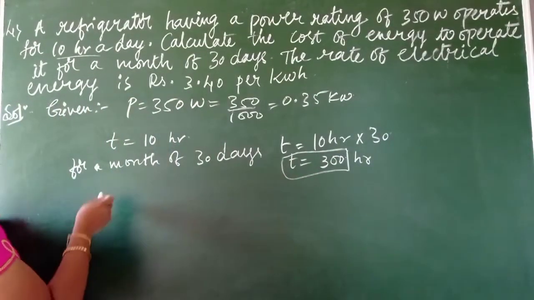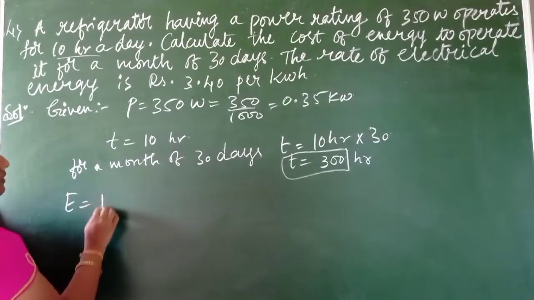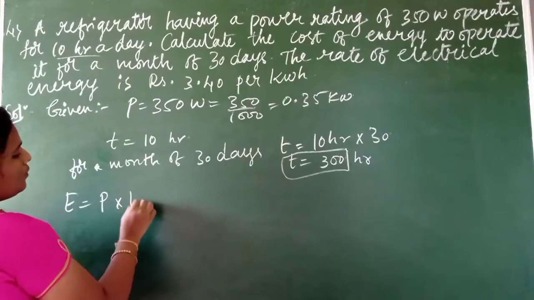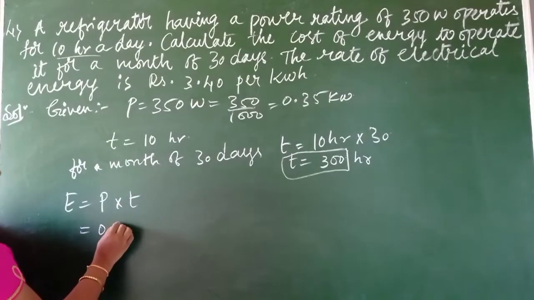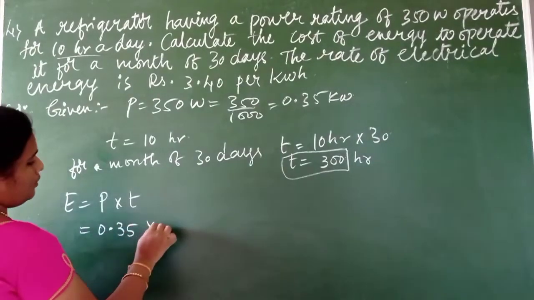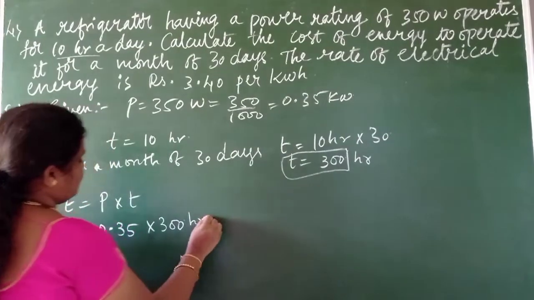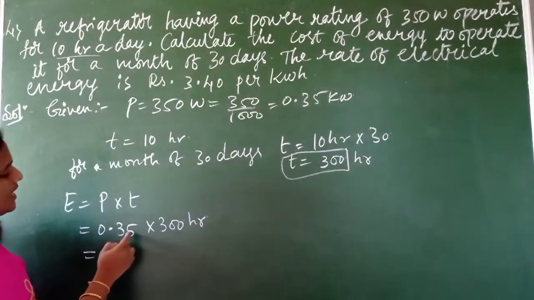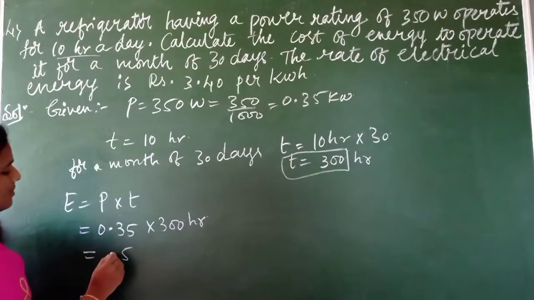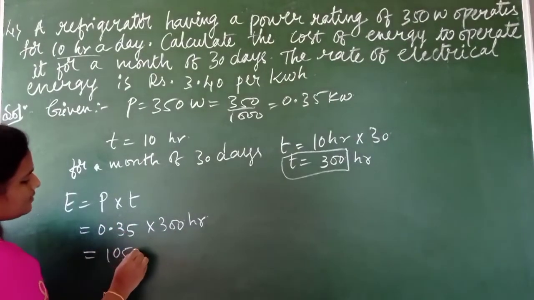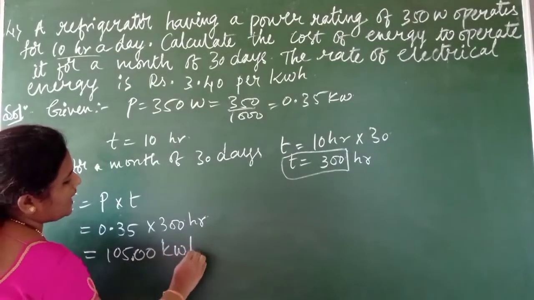Now what do we want to calculate? The E value. E equals P into T. So what is the P value? 0.35 into 300 hours. So 3 5s are 15, 3 3s are 9 plus 1, 10, and we get 105.00 kilowatt hour.